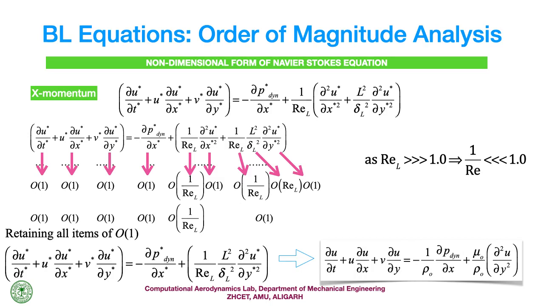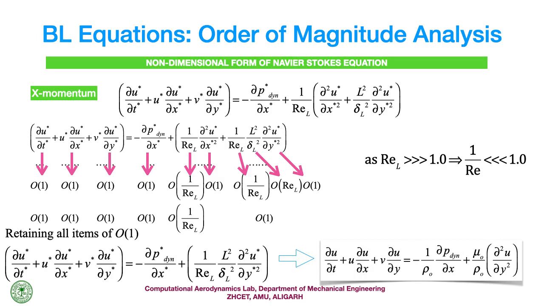Now, on the RHS, again, these are all star quantities. Nothing is multiplied or divided with them, so these are all of the order of 1. Now here is the important stuff, which is going to give you very easy equations. 1 over REL is multiplied with del 2 u star by del x star square. Since 1 over REL is the inverse of the Reynolds number, the order of this term will obviously be 1 over REL.